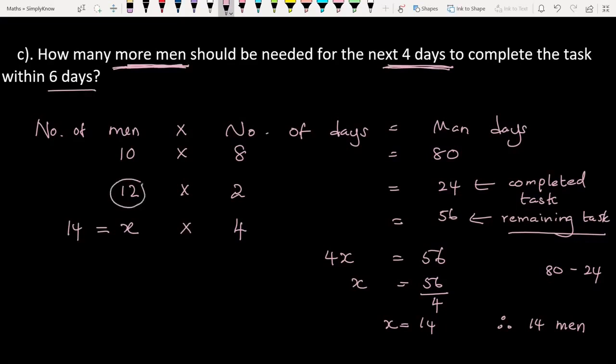And for the next 4 days they need 14 men. So how many more men? 2 more men for the next 4 days. So 14 minus 12, therefore 2 more men are needed to complete the task within the next 4 days.